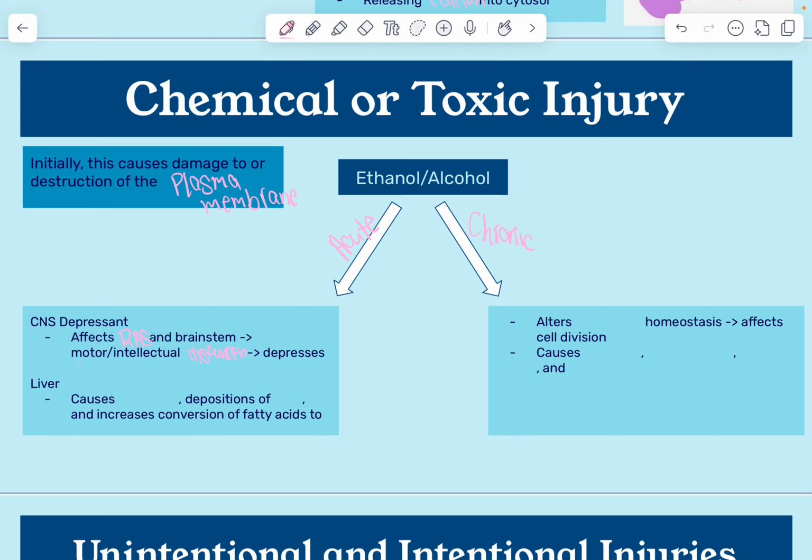This will also depress our medulla oblongata, which will decrease our respiratory rate. Acute use affects our liver by causing inflammation, depositions of fat, and it will increase the conversion of fatty acids to triglycerides.